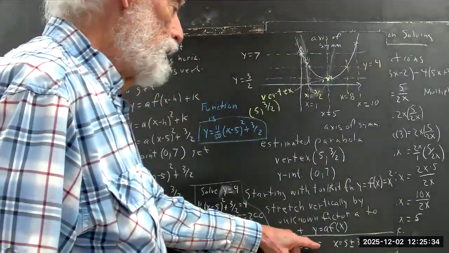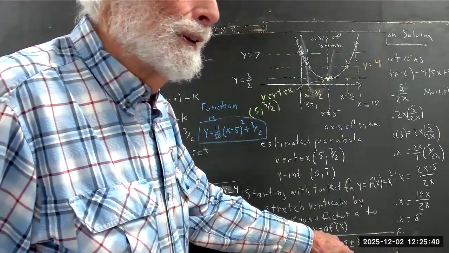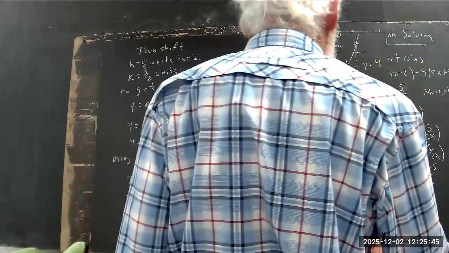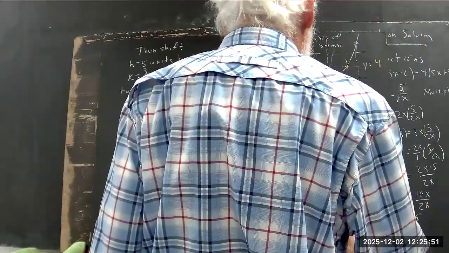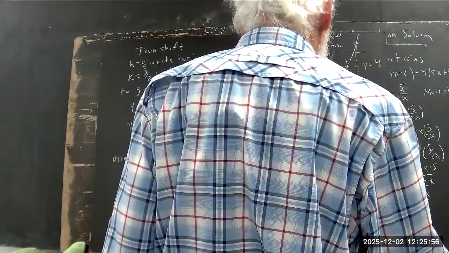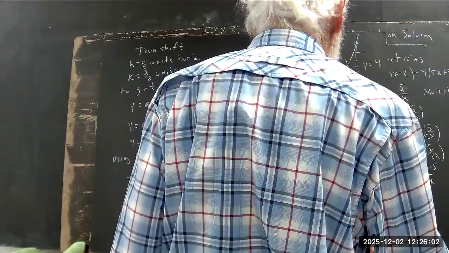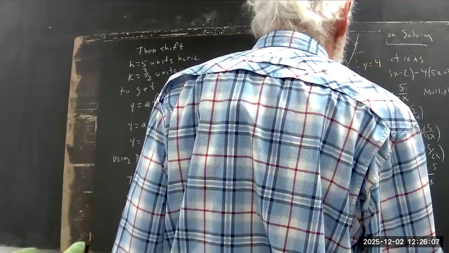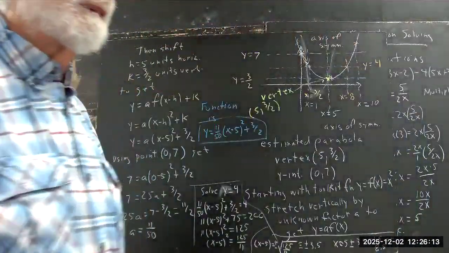I've got x minus 5 equals plus or minus 3.5. If I add 5 to both sides, I get this. Oh man, my estimates came out pretty good. So these are approximate solutions. That's going to be 1.5 or 8.5.